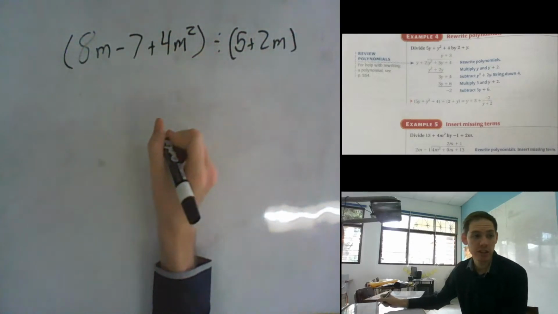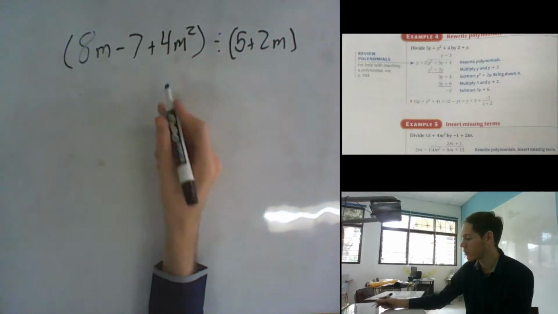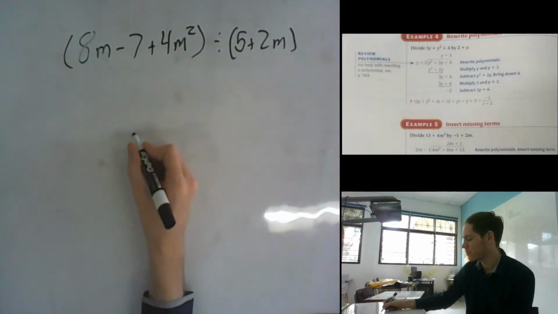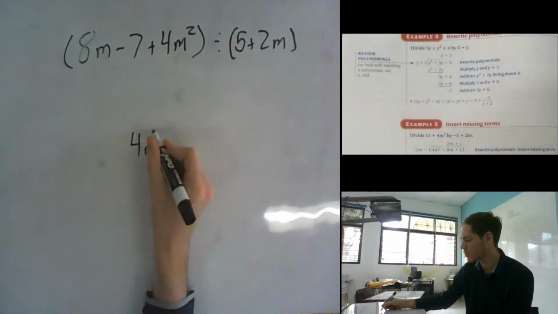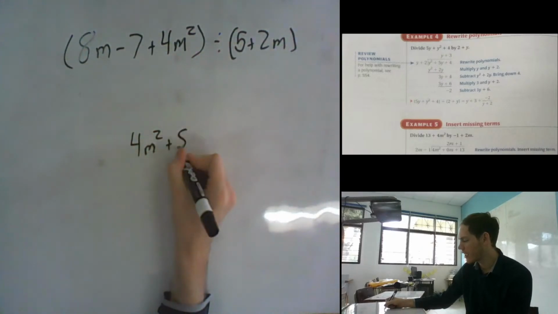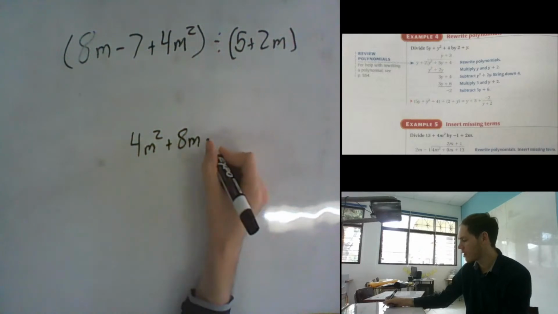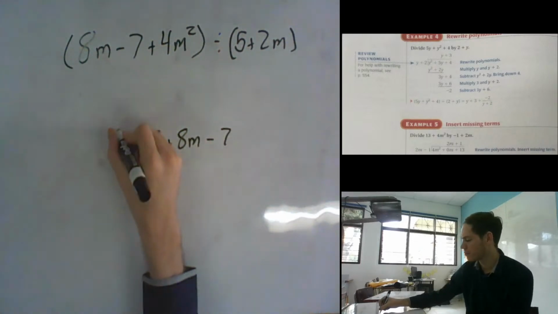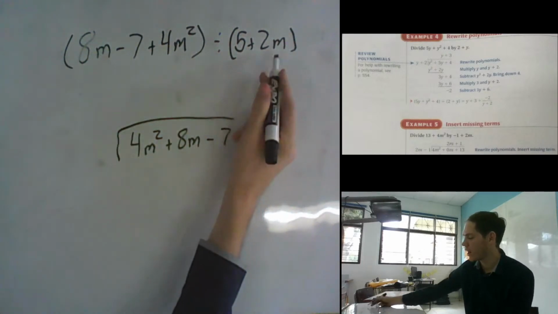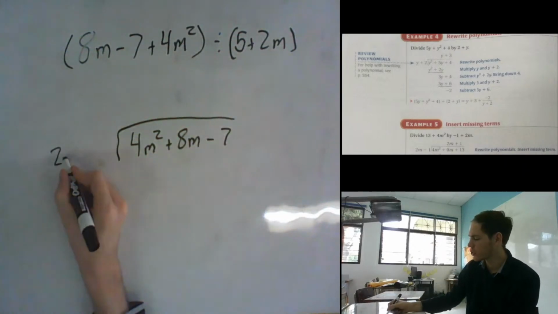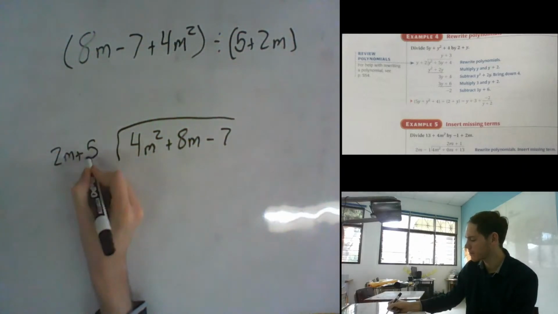So again, we first have to rewrite it. So first rewrite this first part, so the m squared goes first, then the 8m, then the minus 7. And then we divide, but we need to rewrite this as 2m plus 5.